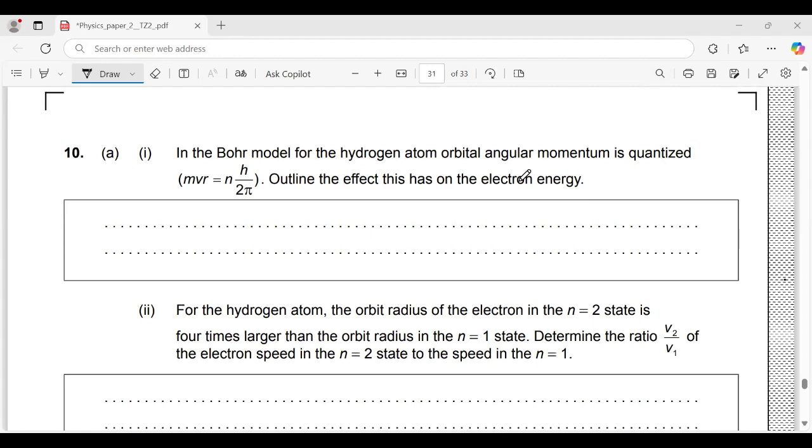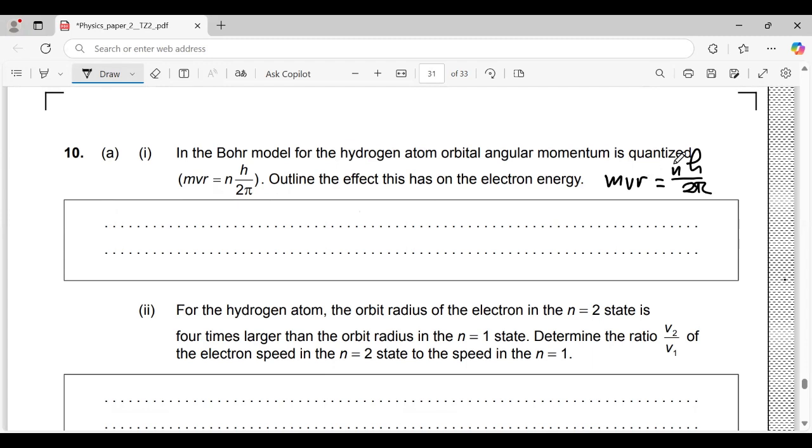In the Bohr model, the angular momentum of the electron is quantized according to this information, and this statement is given by the formula mvr equals n times h over 2 pi.